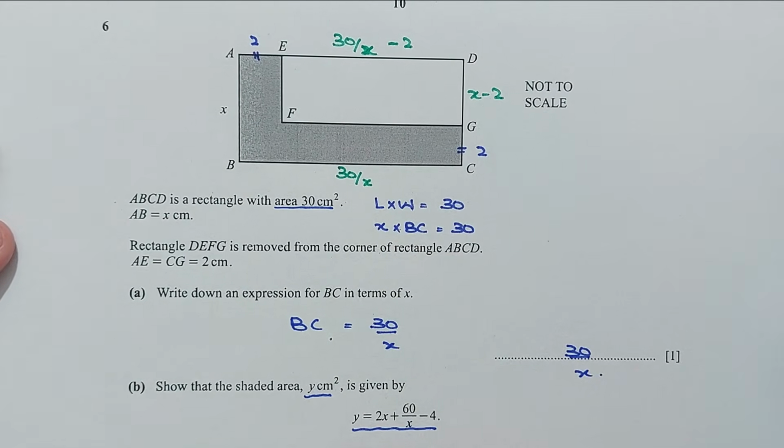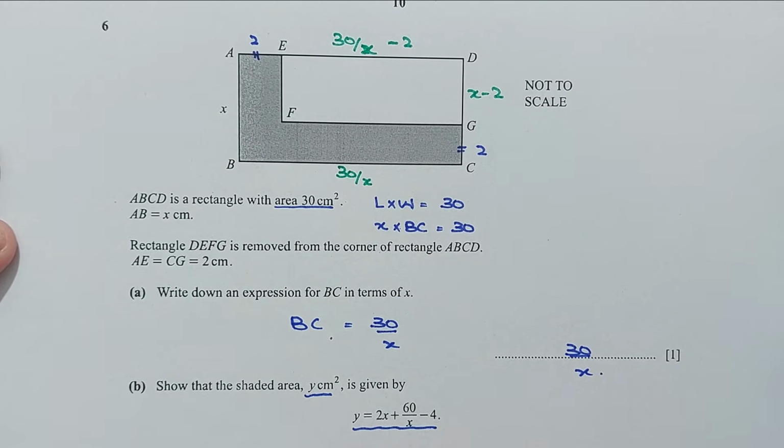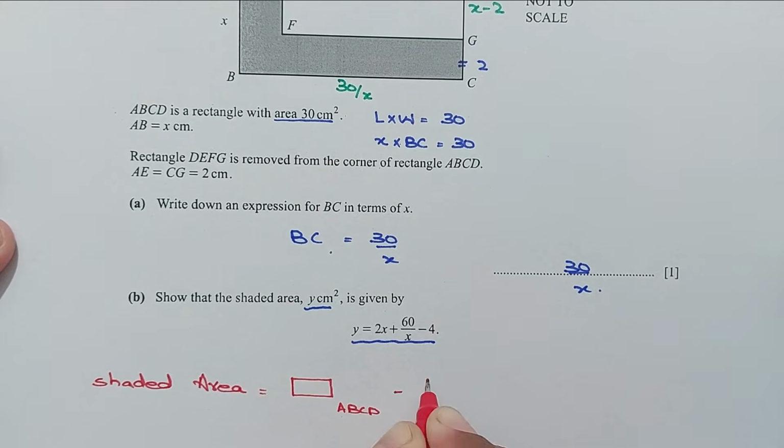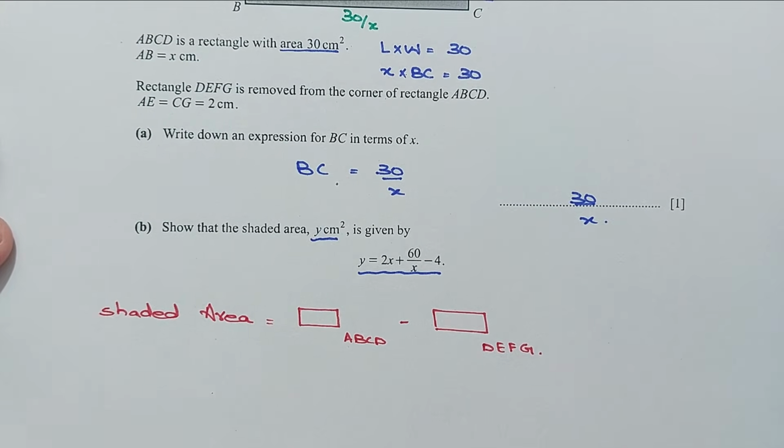So the shaded area is the area of rectangle ABCD minus the area of rectangle DEFG, because that is not shaded, right?